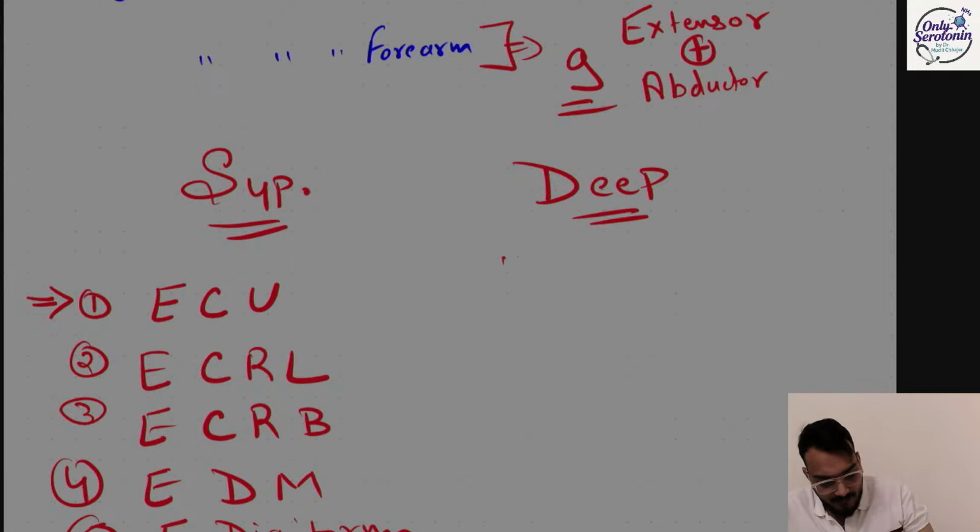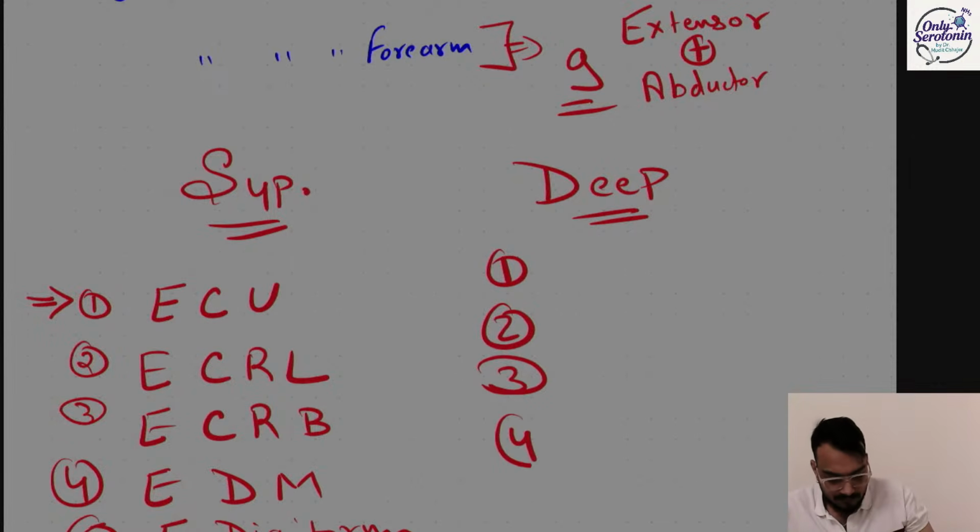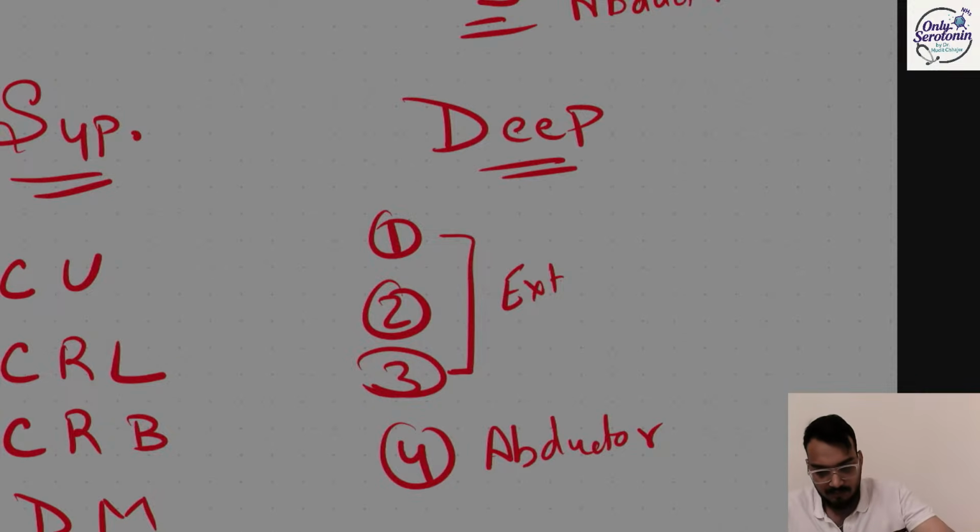In deep, we are having four muscles. What are these, guys? Out of them, three are extensors and one is an abductor. Waiting for the answers, guys.